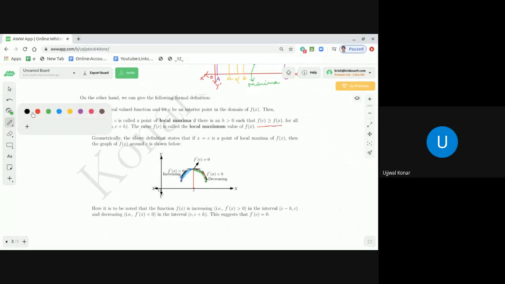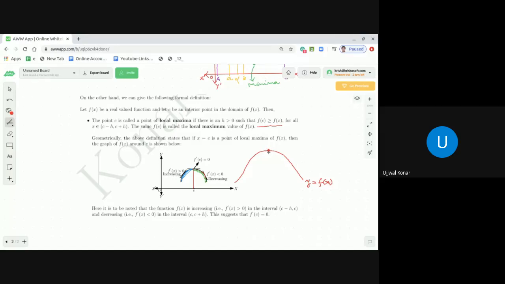So let me draw the graph once more. Suppose this is the graph, that is, the graph y equal to f x. Now in the surroundings of this point, suppose this is the point C. Why is it a local maxima?